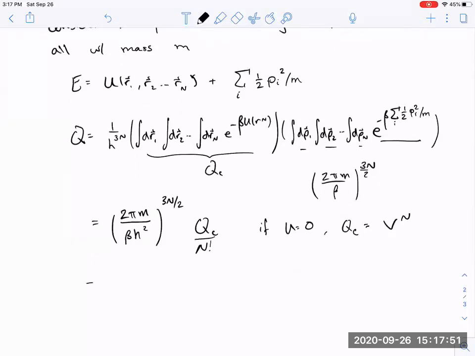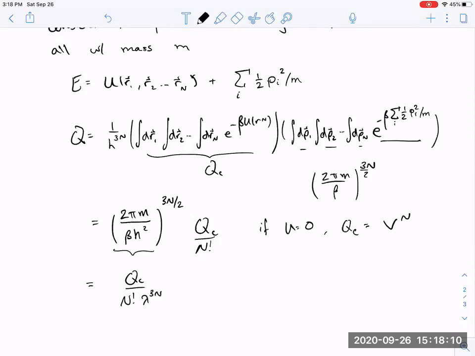And then there's a really concise way to represent this if we note that this is essentially a unit of length. That means that we have some QC over n factorial measured in 3n units of length.